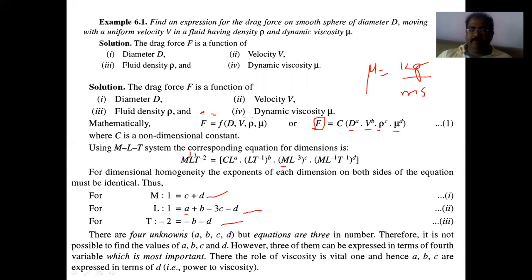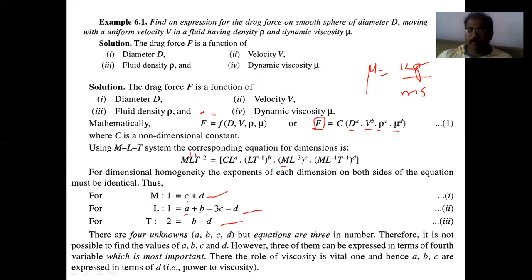So we observe that a, b, c, and d are four unknown quantities, which means this system is unsolvable as it stands.